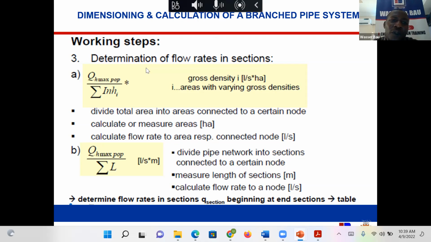Now, the flow rate here says maximum population divided by total inhabitants, gross density over area with varying gross density. I will explain this in very thin layman's language. It says divide total areas into areas connected to a certain node. Calculate or measure areas. Calculate flow rates to each area corresponding to a node.